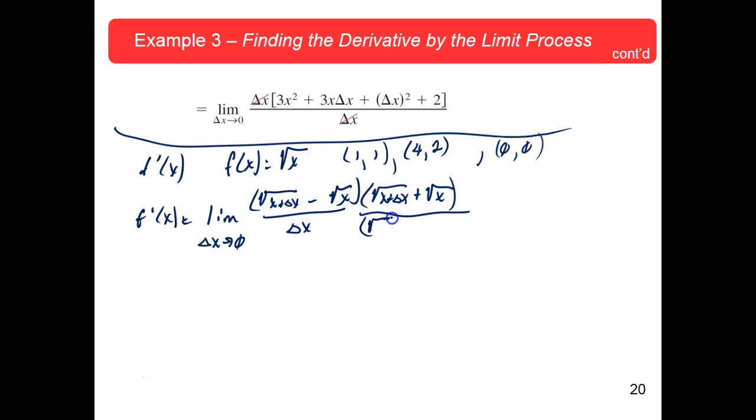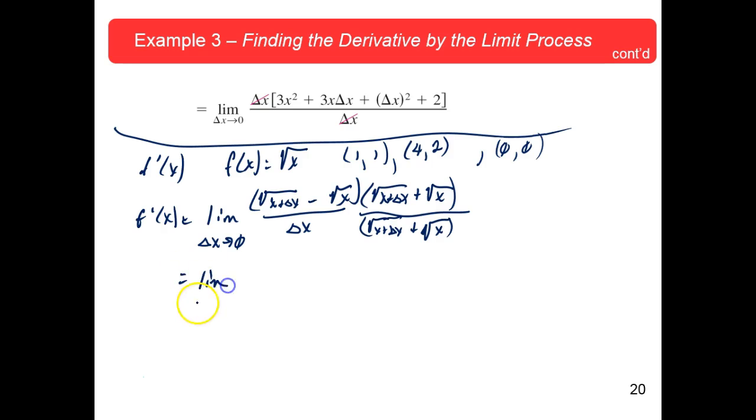Multiply the denominator by the same thing, the square root of x plus delta x plus the square root of x. Okay? There's a delta x there, but we aren't doing anything with the delta x yet. We're just rationalizing the numerator. Okay, now what does that become?